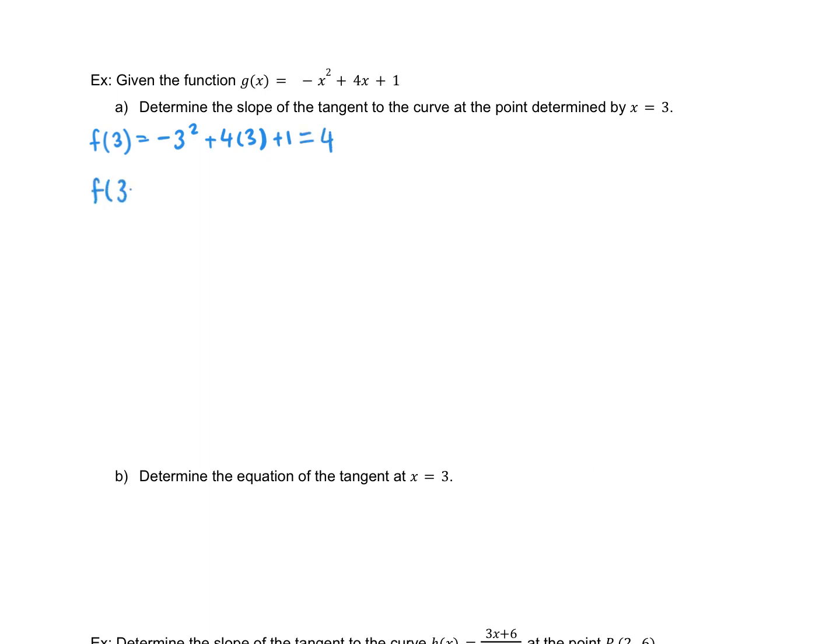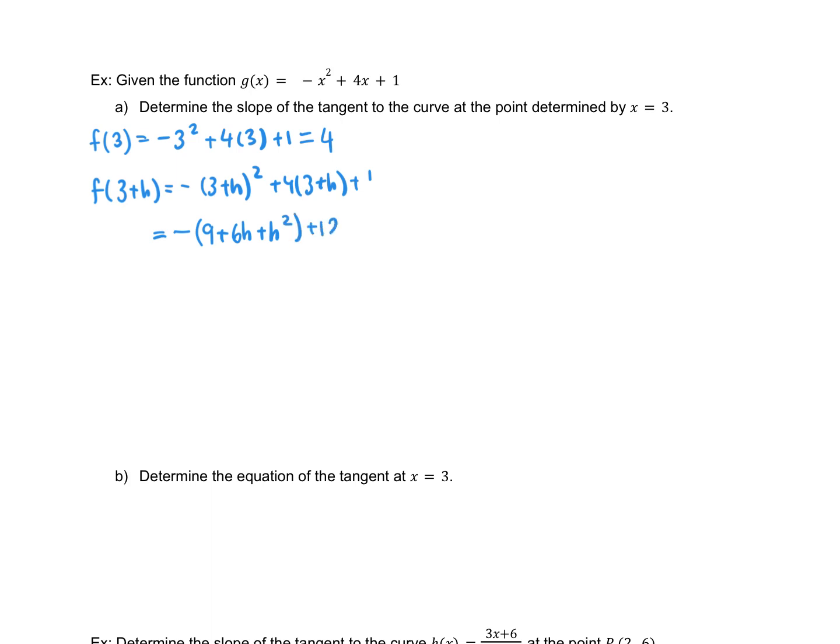And I also need to know what g at 3 plus h is. So we'll have negative (3 plus h) squared plus 4 times (3 plus h) plus 1. And I can do this all in one go in that difference quotient. I like to clean it up on the side just so that I don't have to write the fraction and the limit over and over again. So negative, and then my distributive property, so 9 plus 3h plus 3h plus h squared.